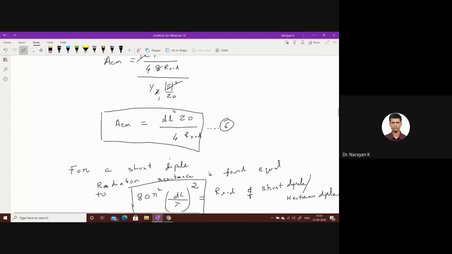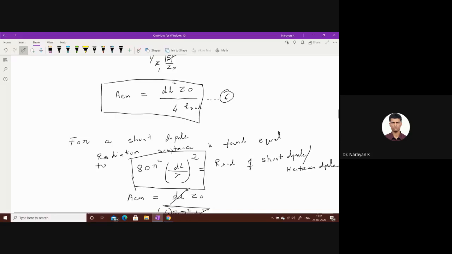Once you get the maximum effective aperture for a short dipole, you need to substitute radiation resistance as 80 pi square dl by lambda whole square. So that is the major difference here.